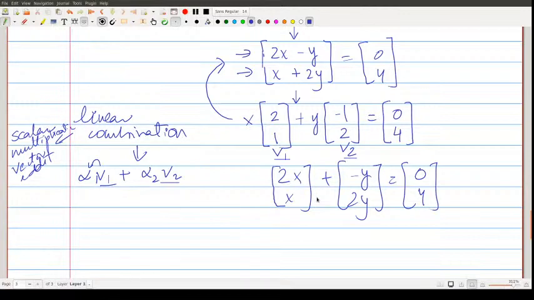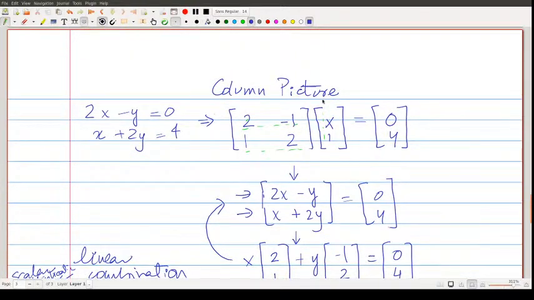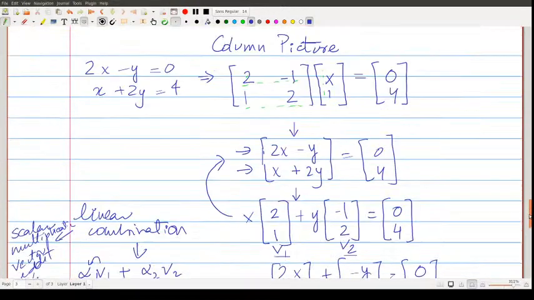You can add vectors only if they are of the same dimension. If this was a 3-row vector and this was a 2-row vector, I can't do that vector addition. But because this is coming from this system of equations, it's a consistent system.